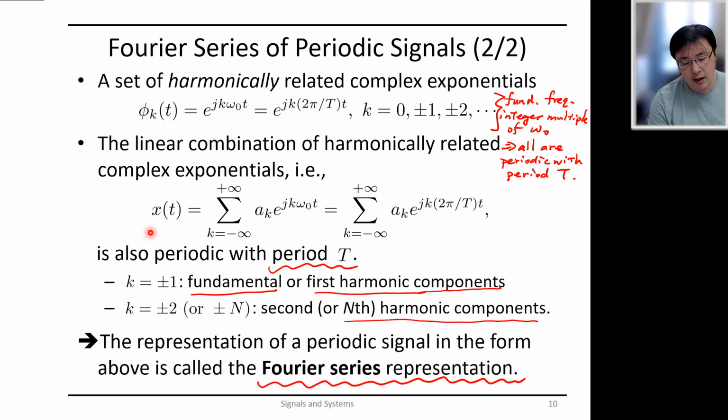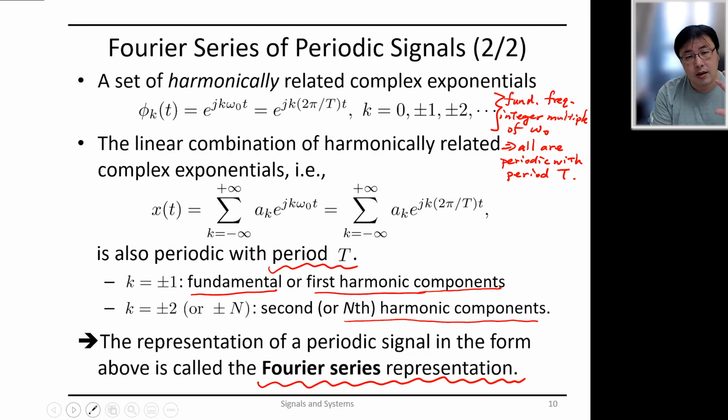So going in this direction, starting out with the set of harmonically related complex exponentials and taking all different kinds of linear combinations, you can construct a very large class of signals that can be expressed in terms of its Fourier series representation.